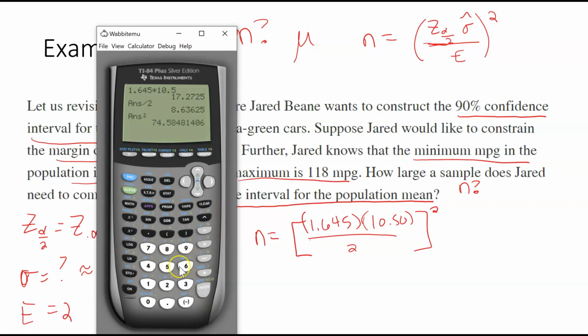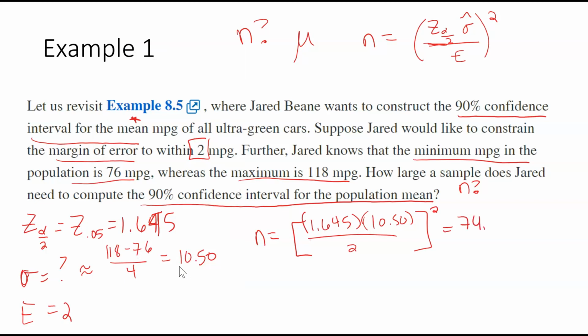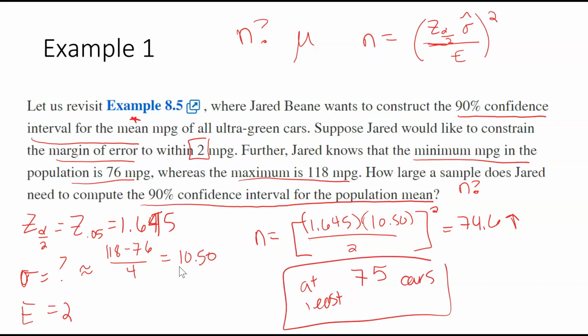And I get 74.6. But remember, we're always going to round up. So Jared needs to use a sample size of at least 75 cars if he wants it to meet these other conditions.